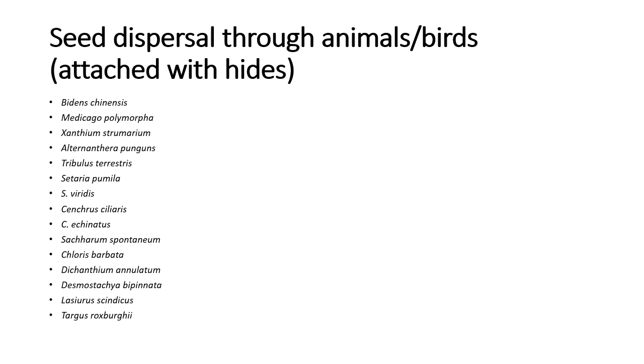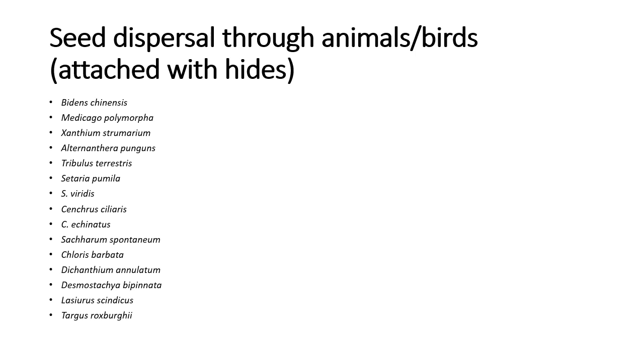And there are certain species which are provided with spiny or thorny or hook-like appendages on the seeds, and the mechanism involved is to attach with the hides, with the body of animals or any kind of creature.